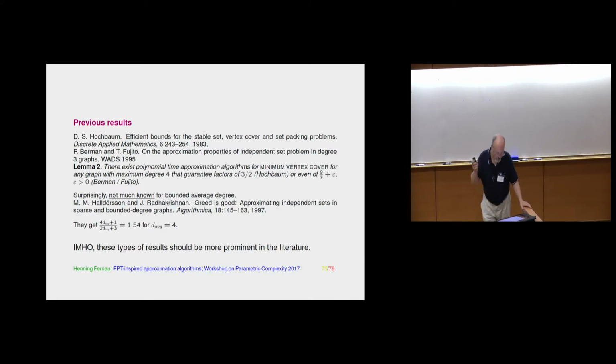So at the end of the day, Hochbaum is to be preferred here. The record up to then was this one from Aldous and Radhakrishnan from 97, as far as I know, at least. Although I think that this bounded average degree thing should be really more prominent in the literature. So maybe this is hopefully a bit inspiring to go more into that for other problems.